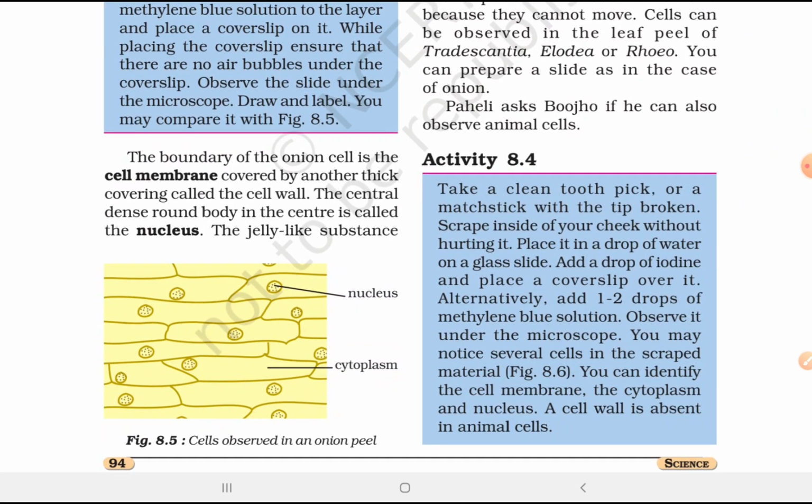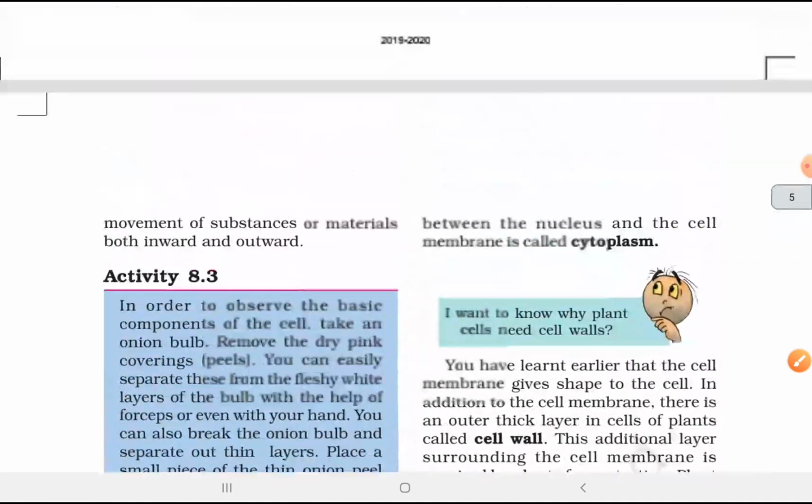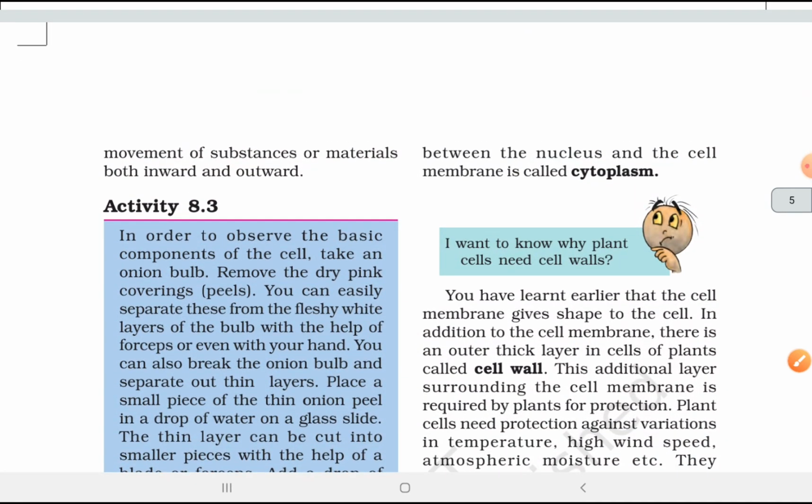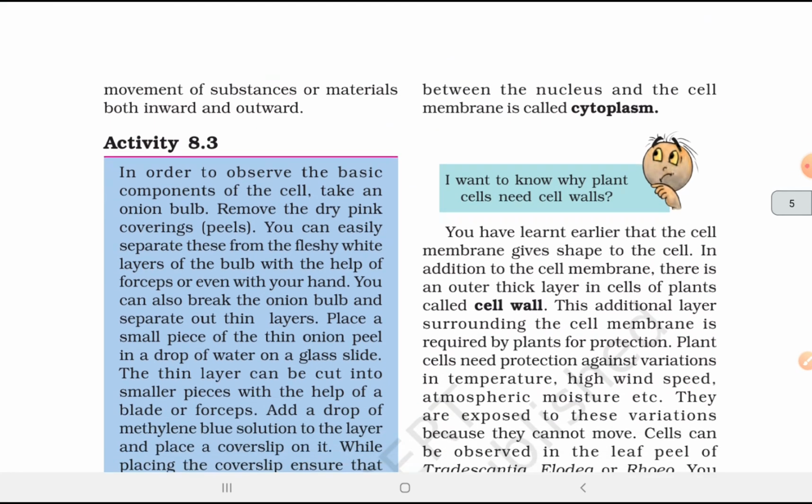The boundary of the onion cell is the cell membrane covered by another thick covering called the cell wall. The central dense round body in the center is called the nucleus. The jelly-like substance between the nucleus and the cell membrane is called cytoplasm.